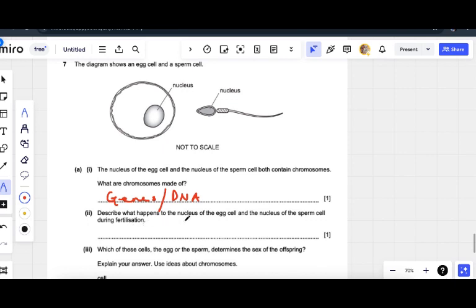Now, it says describe what happens to the nucleus of the egg cell and the nucleus of the sperm cell during fertilization. They fuse. They fuse and develop into a zygote.